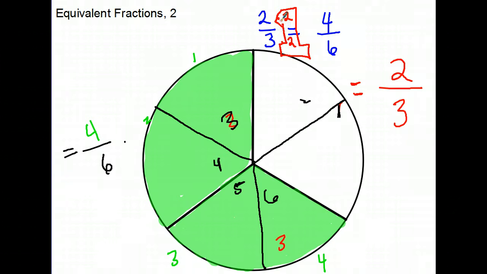So what this is telling me is that if I multiply any fraction by 1, or any number over itself, I don't change the value of the fraction. I only change the number of pieces that our pie is cut into. Let's take another look at that just to see one more example.